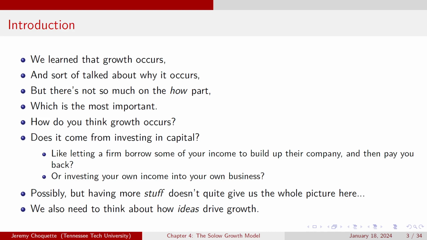Last time we learned that growth occurs. We talked a little bit about why it occurs, but we didn't get so far into the how part, what's that big driving mechanism behind growth, and that's really the most important part because we need to know not just that growth is occurring, because you can open a history book and see.